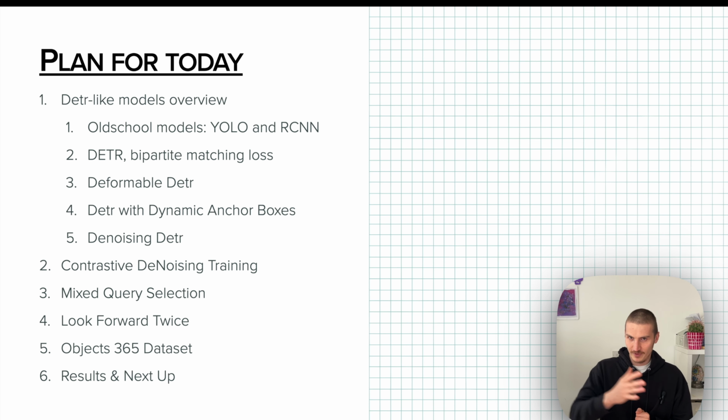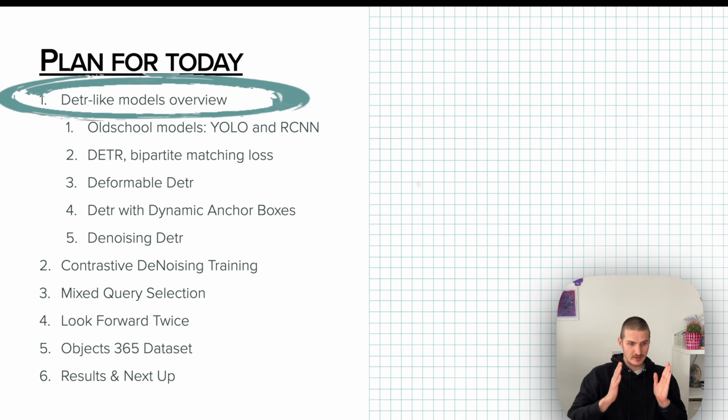We'll go through all the Detr models in sequence, starting with Detr, Deformable Detr, DAB Detr with dynamic anchor boxes, and DeNoising Detr. And that builds the foundation of what DINO is about. Then we'll talk about the actual techniques introduced in DINO, and that's contrastive denoising training, mixed query selection, and look forward twice. Then we'll take a brief look at an extra pretraining dataset used in the model called Objects365, and finally look at the results and what's next.